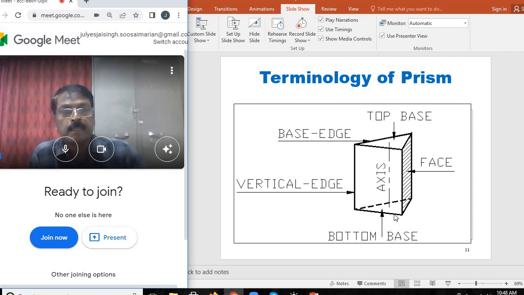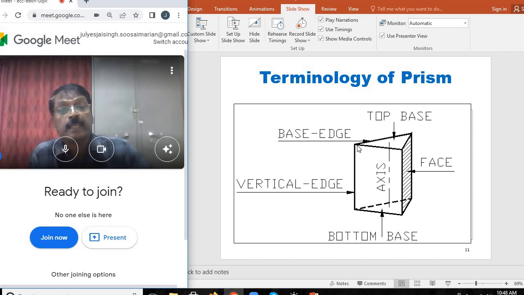A vertical line connecting 2 rectangular faces is called vertical edge. A horizontal line which connects 2 base corners is called bottom base edge, and the rectangular face is called face. Two base edges connecting at a corner make a base corner.